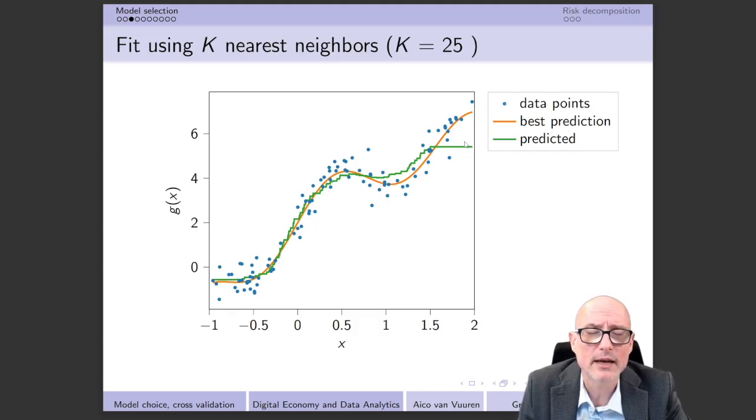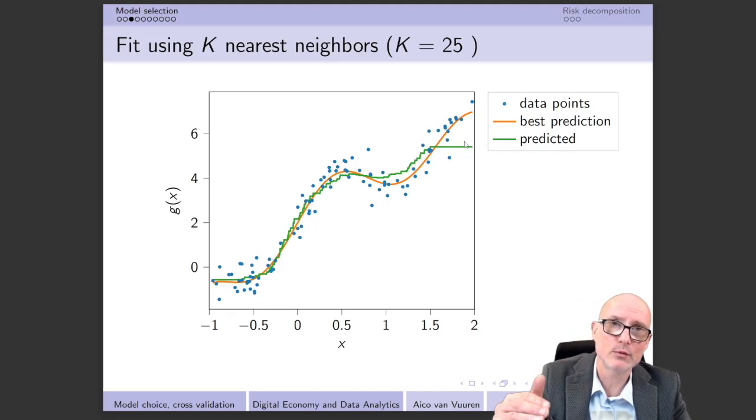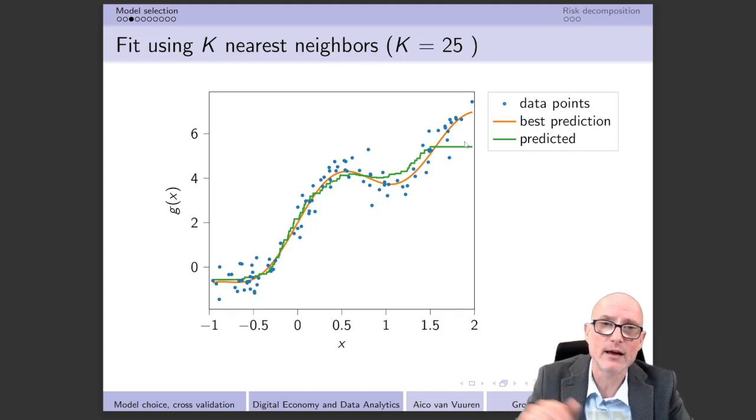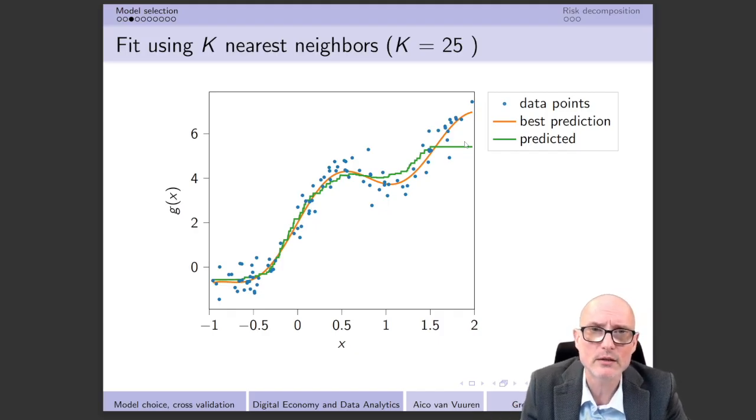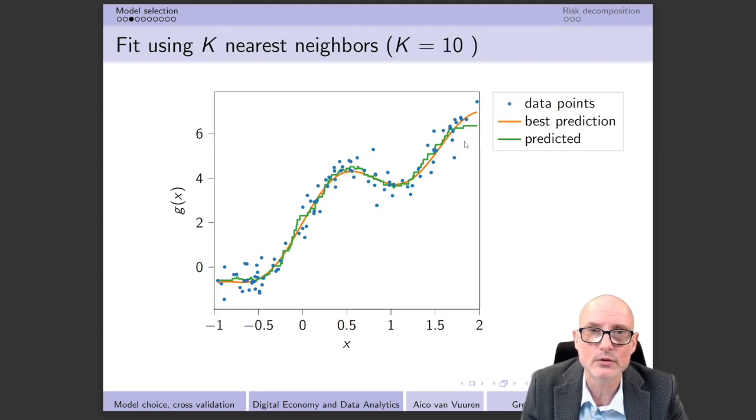The question arises then again, can we do even better? Well, we have seen that we made an improvement by going down from k equal to 50 to k equal to 25, so it might be a good idea to go down from k equal to 25 to, for example, k equal to 10. So that's the next thing that we're going to do. Now we're going to look at the situation in which k is equal to 10.